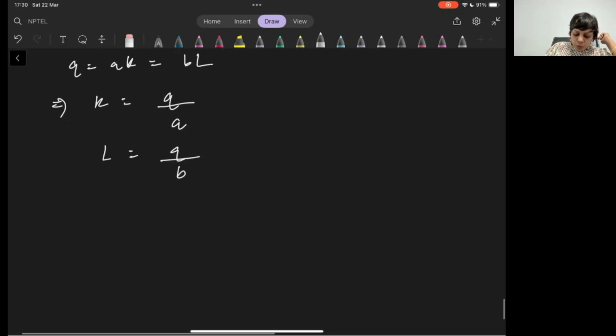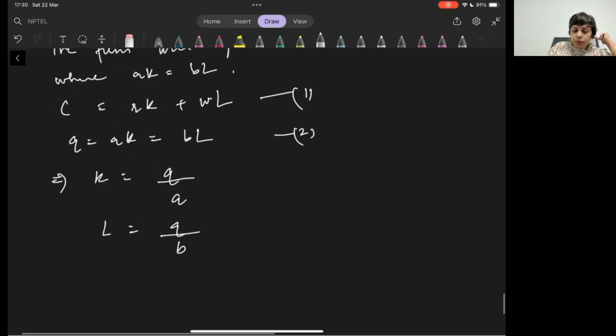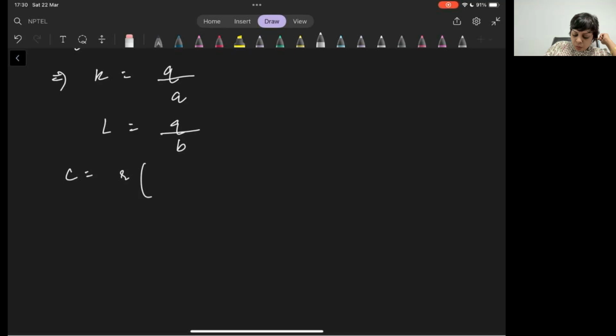So now if you go back into the cost function, this is 1 and this is 2. So if you go back and plug in the values in equation 1, you get C is equal to R into Q by A plus W into Q by B. We're just plugging the values of K and L. We're not doing anything else.